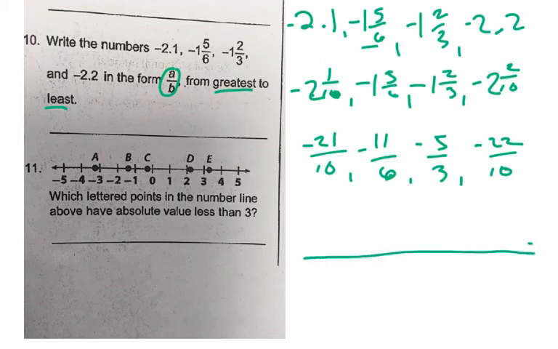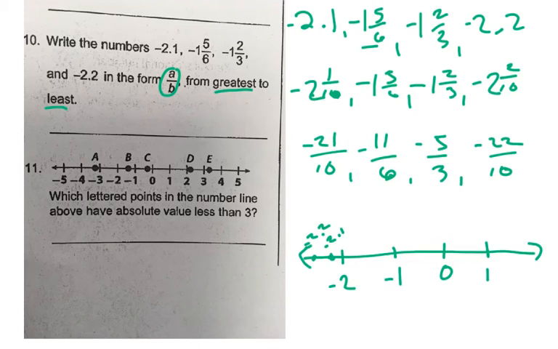So I'm going to draw a number line. Here is 0. Here's -1. Here's -2. Here's a positive 1. Now, I know that -2 1/10 and -2 2/10 are going to be here, right? So this is -2 1/10. This is -2 2/10. Okay?